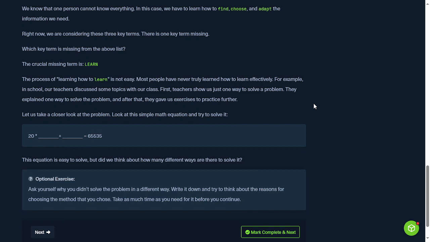Optional exercise. Ask yourself why you didn't solve the problem in a different way. Write it down and try to think about the reasons for choosing the method that you chose. Take as much time as you need before you continue.